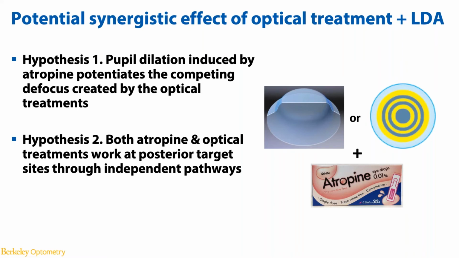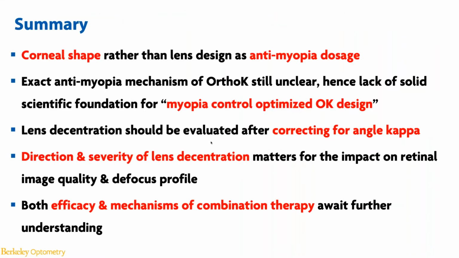So to conclude, in the future, for any long-term anti-myopia studies, we want to pay closer attention to the actual change in corneal shape rather than assuming that whatever design change we put on the lenses can be reliably transferred to the cornea.